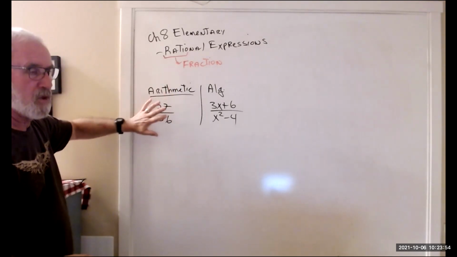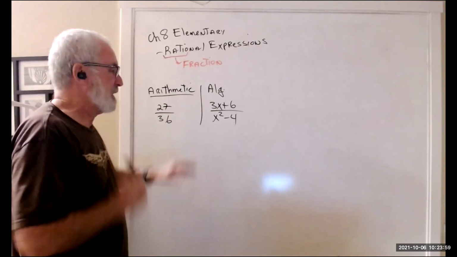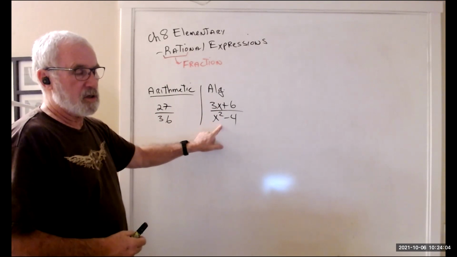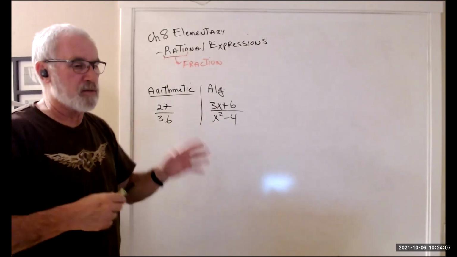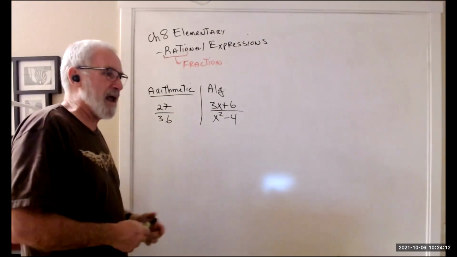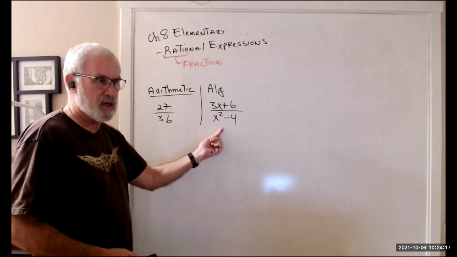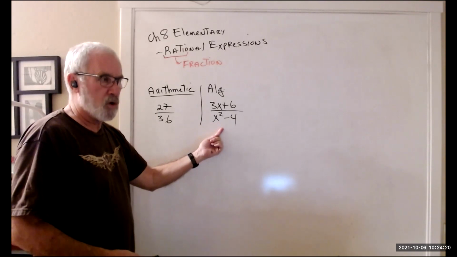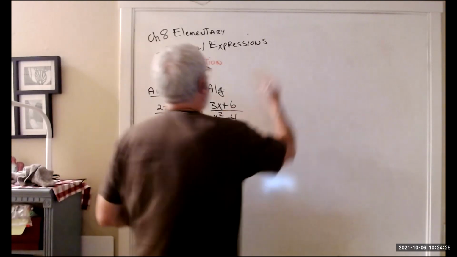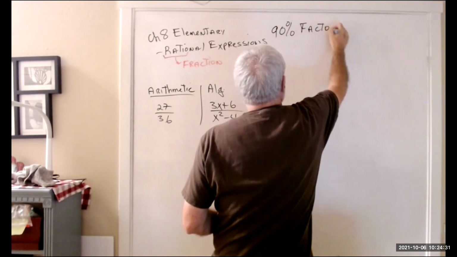But those shortcuts, those tricks, those bad habits can't be used for an algebra fraction. So my job is to break you of your tricks, your shortcuts, your bad habits, so that you know how to do this. There's only one way that this problem can be done. Only one way. And I will tell you, for this chapter, 90% of everything requires you to be able to factor.